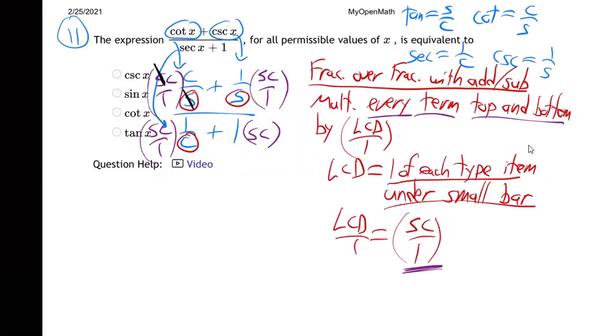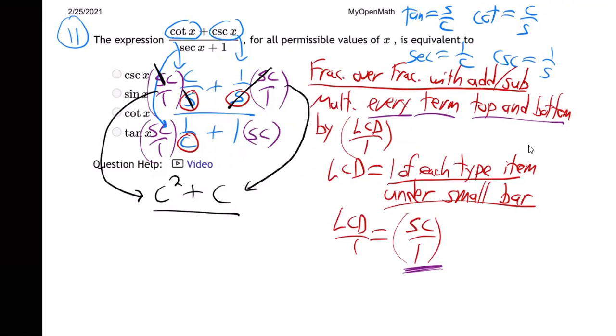All right, so what's going to happen? S cancels S, and we bring down C squared, plus S cancels S, and we bring down C. C over 1, but we don't need the 1s anymore. Right here, C cancels C, only gets S and SC.